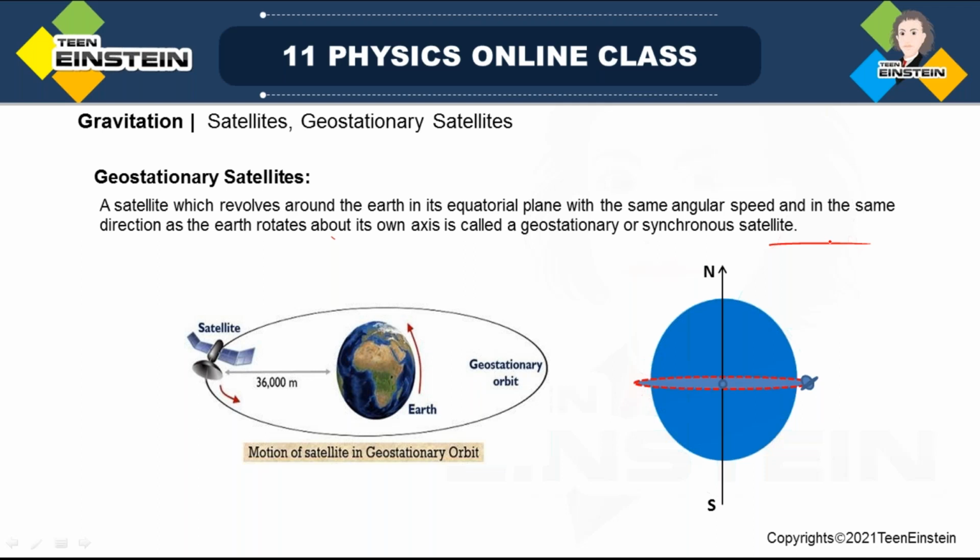Now let us see how to calculate what should be the height of the geostationary satellite.